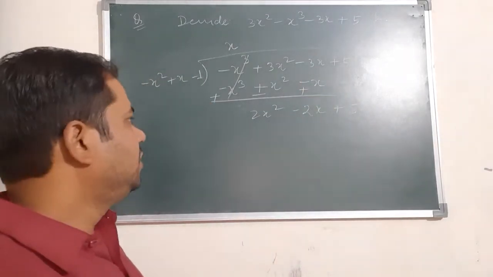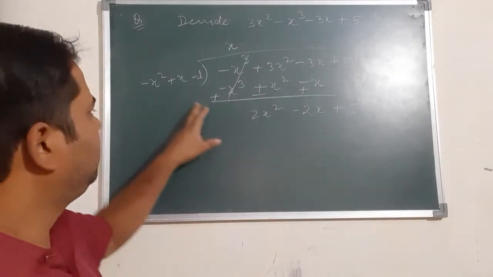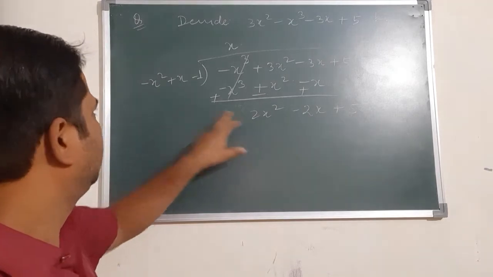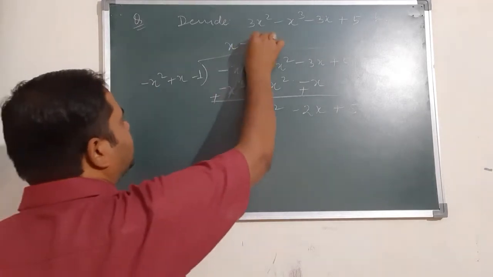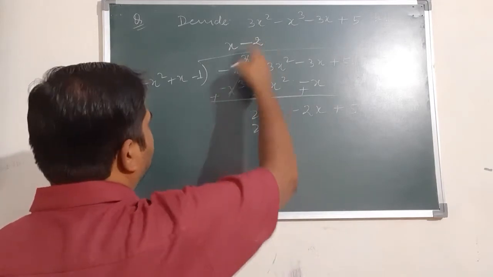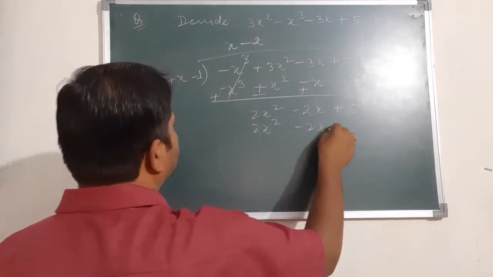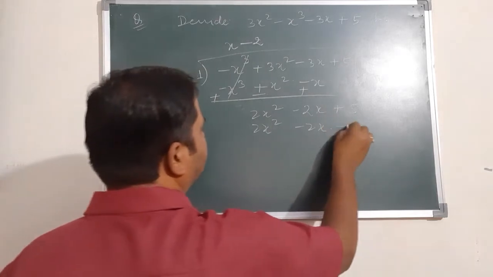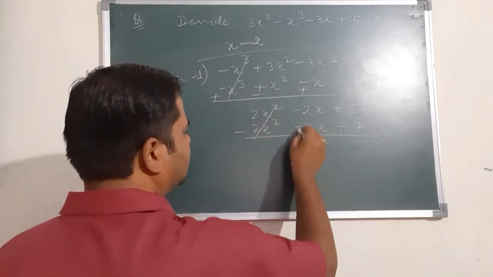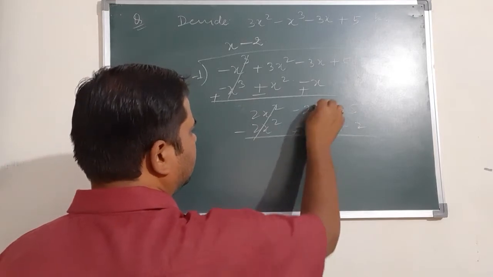Now what should we multiply here so that it becomes plus 2x square? If minus 2 is multiplied here, this is 2x square minus 2x, and minus plus 2, and it gets cancelled out.